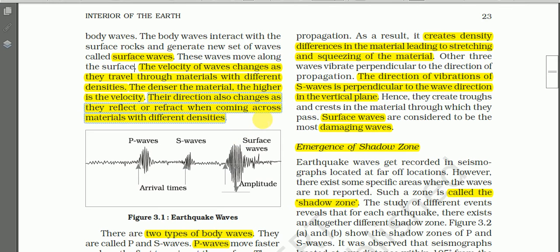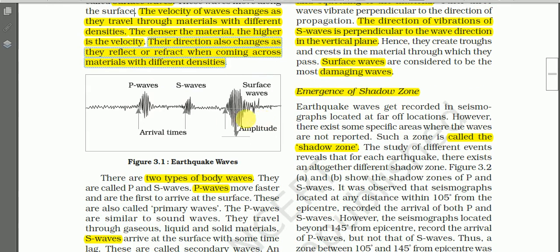See, earthquake waves change their direction. They may be reflected or they may be refracted, meaning bent, when they cross material with different densities. So this nature of the earthquake wave is very important to understand the earth interior.